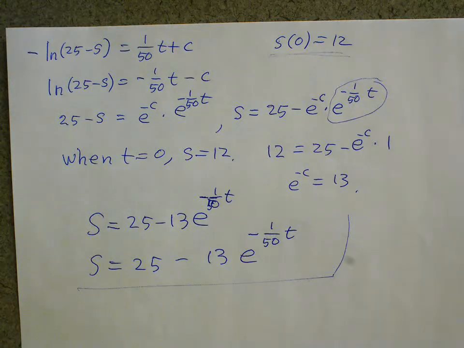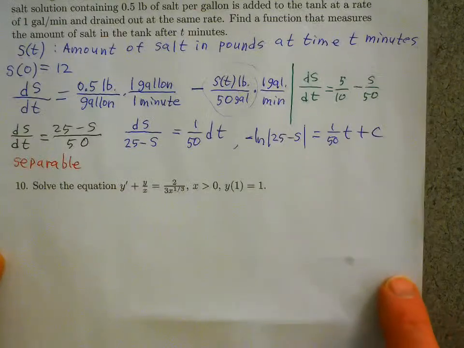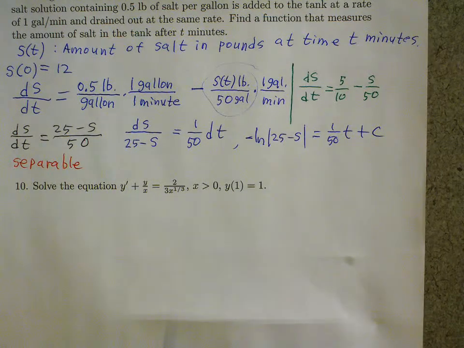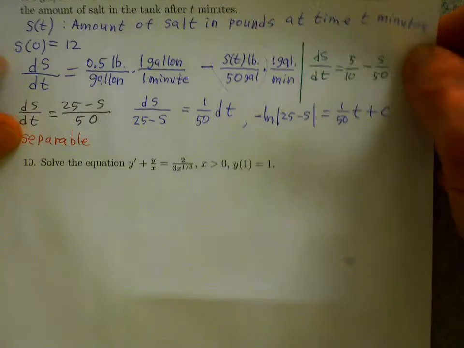So we have a few minutes. I might go into a little more detail on that in a couple of minutes. Let's see if we can finish this problem 10. Solve the equation y prime plus y over x equals 2 over 3 times x to the 1/3.